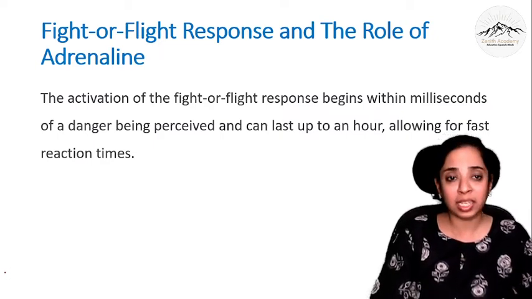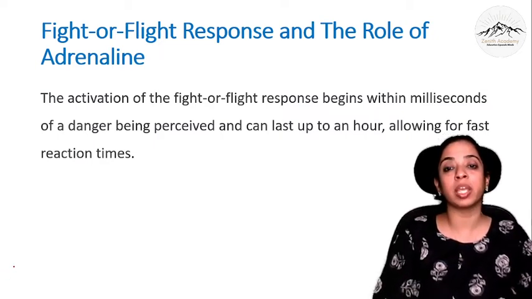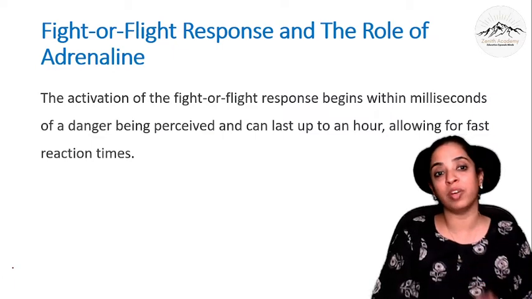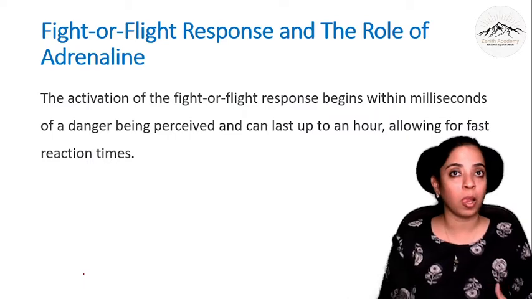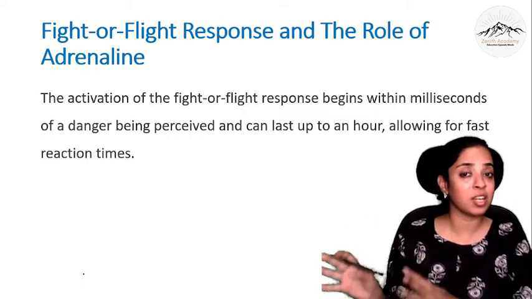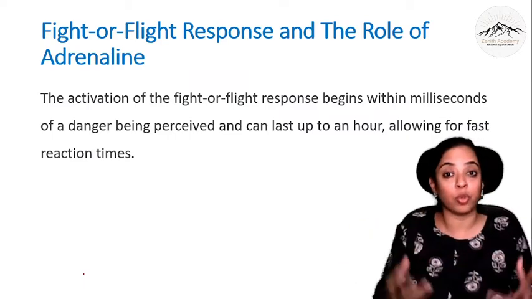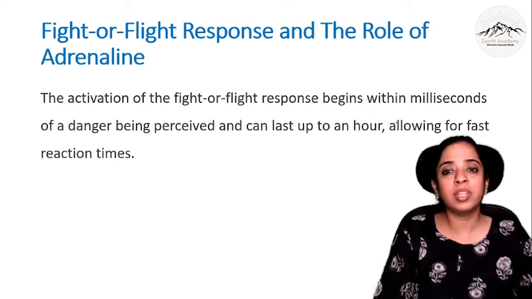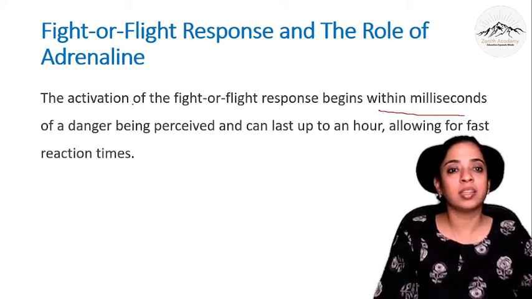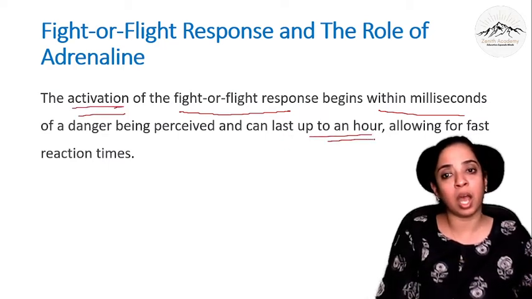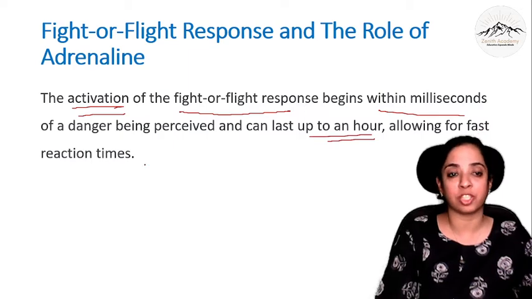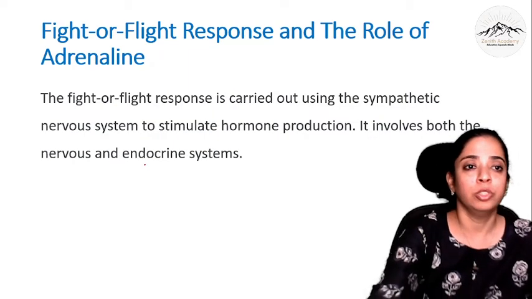The activation of the fight or flight response begins within milliseconds of a danger being perceived. So whenever we see a danger coming, or feel that this is a dangerous situation, within milliseconds this fight or flight response is activated, and it can last up to an hour, allowing for fast reaction times.